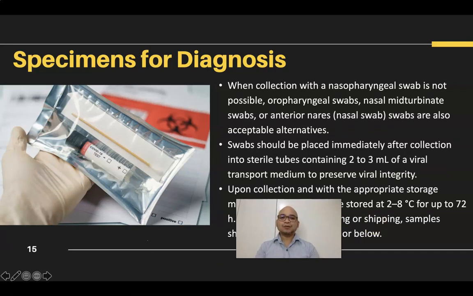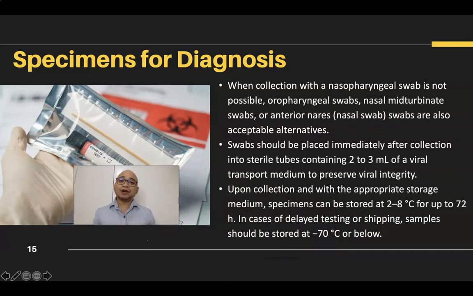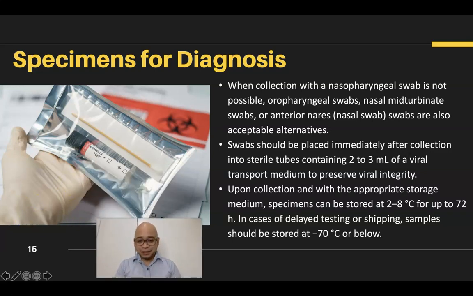When collection with nasopharyngeal swab is not possible, there are other options such as the oropharyngeal swab. In fact, in the Philippines, we are using both nasopharyngeal swab and oropharyngeal swab. Other options are nasal mid-turbinate swabs. Anterior nares or nasal swabs are also acceptable alternatives.